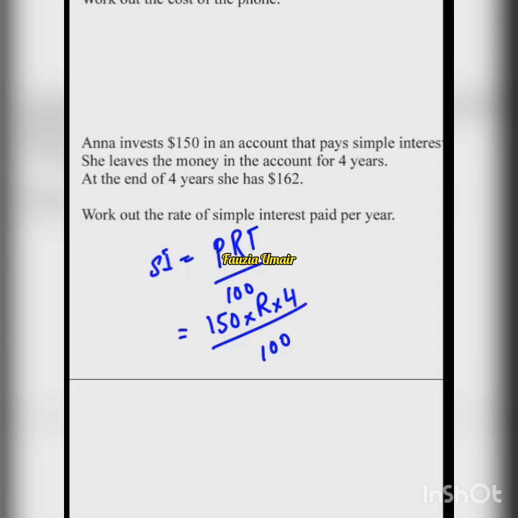Who can tell me? 162. Is this all simple interest? Because she is investing $150, 162 cannot be the simple interest. Kinza, what is the simple interest then?